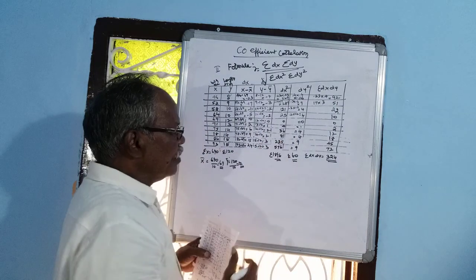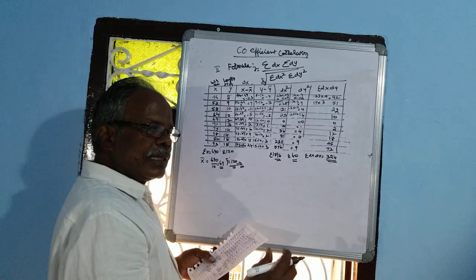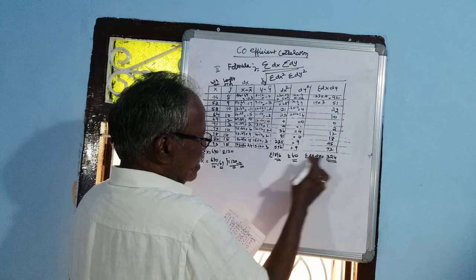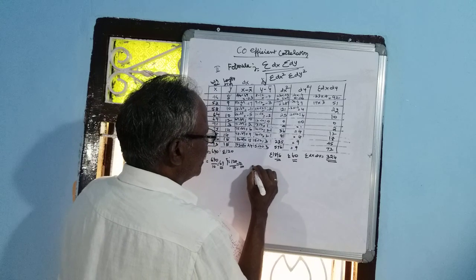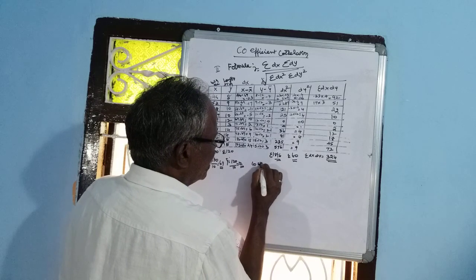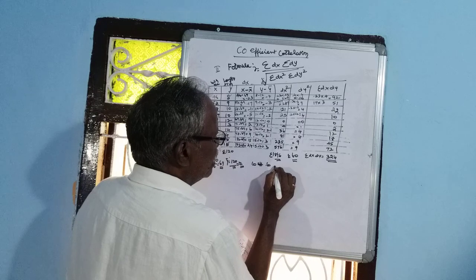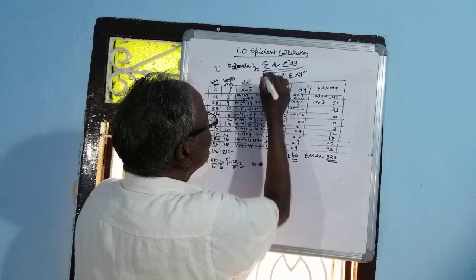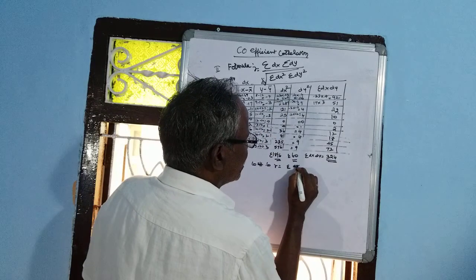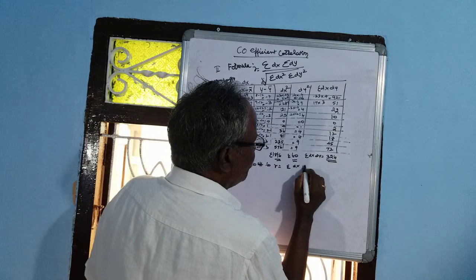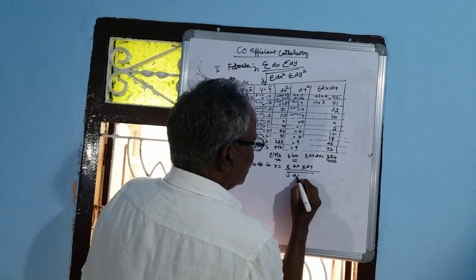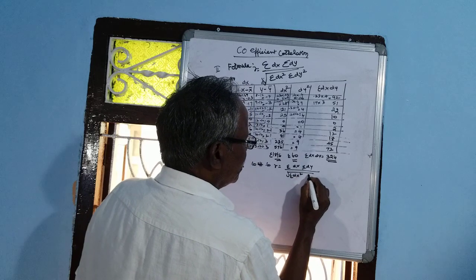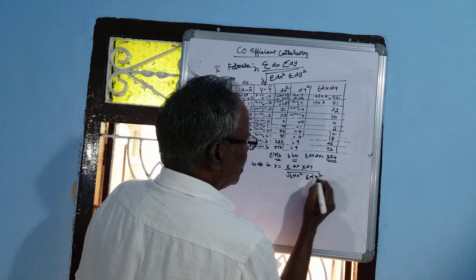So now we have to substitute all the values in the formula. R is equal to the correlation coefficient, that is R is equal to sum of dx dy divided by the square root of sum of dx square into sum of dy square.